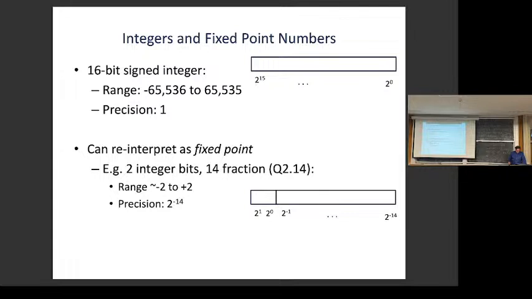So for example, in this assignment, your input is in fixed point, 16-bit precision still. But we're interpreting it as there are 2 bits to the left of the decimal point and 14 bits after. So 2 integer bits, 14 fractional bits. That means our range is from about -2 to +2. To be precise, it's maybe slightly less than that, but I'm not going to go through the whole calculation of exactly how close we get to 2 and -2.